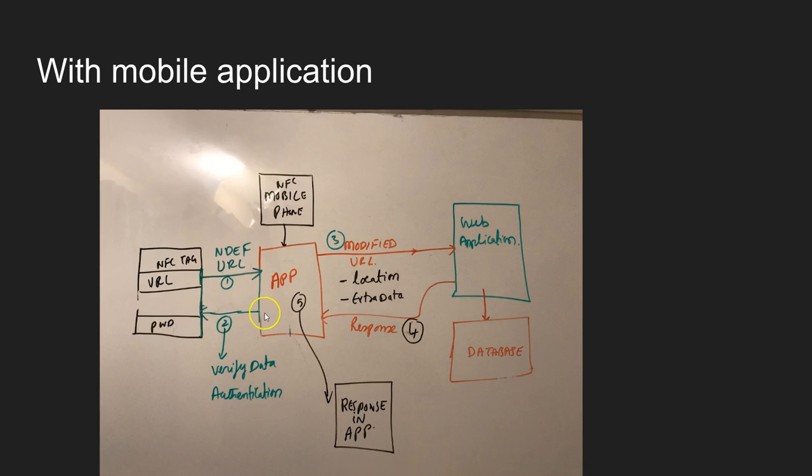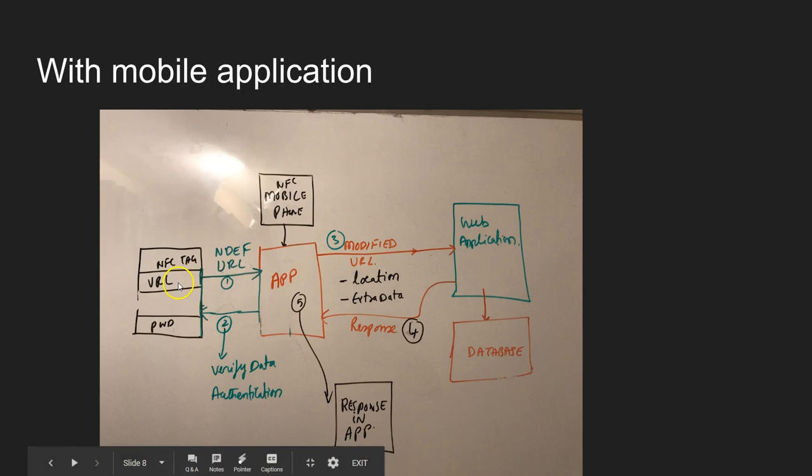It can run any custom commands against the tag if it is supported by the operating system. Sending custom commands is pretty straightforward in the Android operating system, but I'm not sure whether iOS will allow you to send these custom commands.